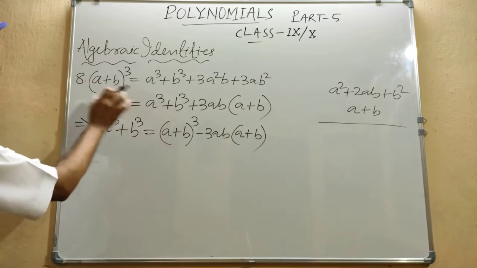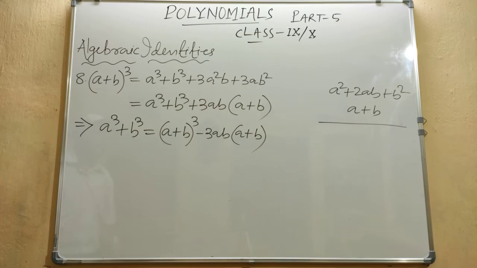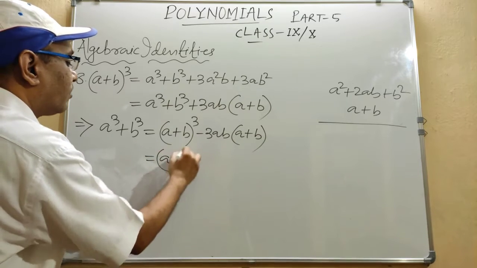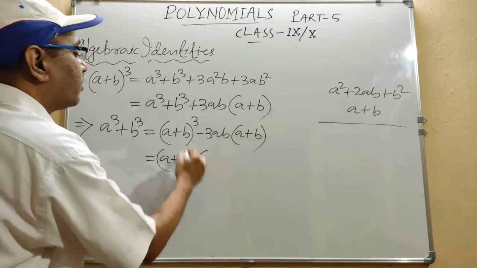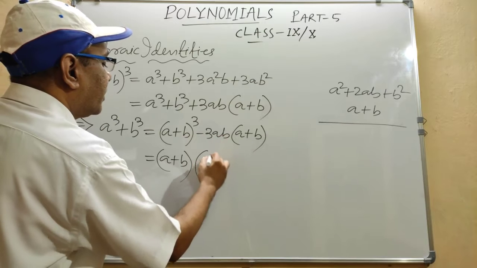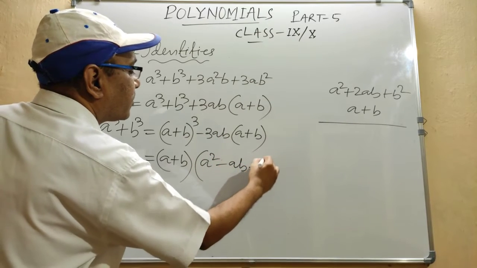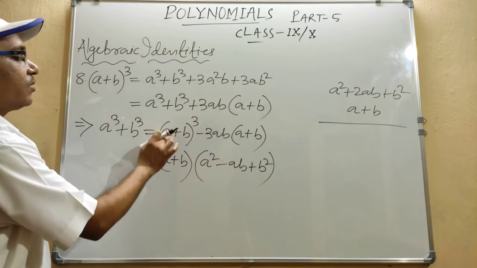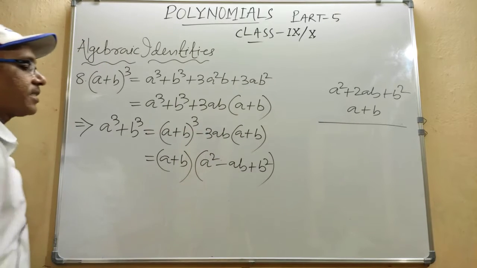Find a cube plus b cube: (a + b) whole cube will come this side, minus 3ab(a + b). Also, if you take (a + b) as common, then within the bracket it will come (a + b) whole square minus 3ab. (a + b) whole square minus 3ab will be a square minus ab plus b square. (a + b) whole square leaves a square plus b square plus 2ab, and this minus 3ab gives you minus ab.